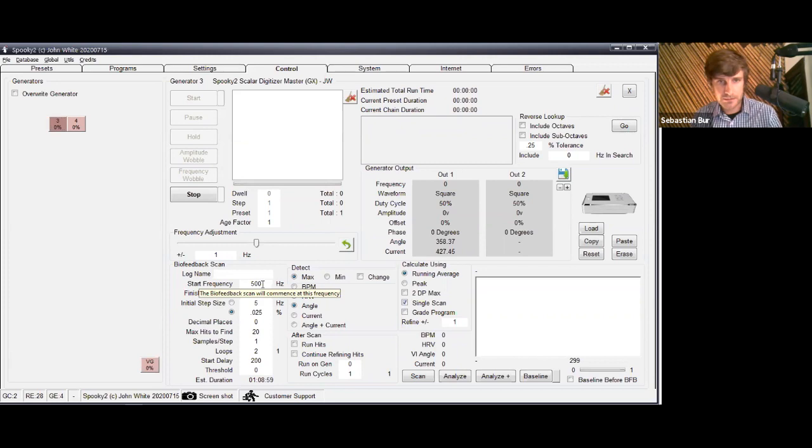Just as a little addition, you can set the frequencies here. Where do you want to start? Where do you want to finish? The steps. Obviously, if I say the step is going to be 0.01, the time will change.